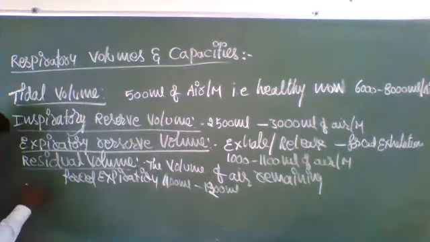The volume of air a person can take in after normal expiration is called inspiratory capacity. It is approximately 2500 ml to 3000 ml of air.